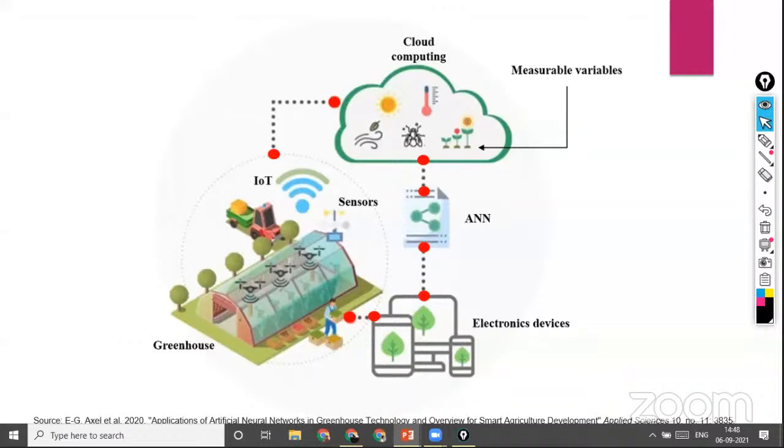The results are sent to the farmers, and if they have smartphones, they get the results on the smartphones. If they don't have any smartphone, maybe a text-based SMS can be received.